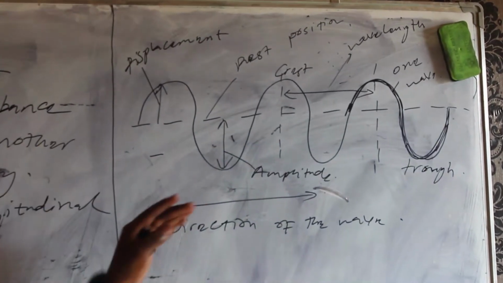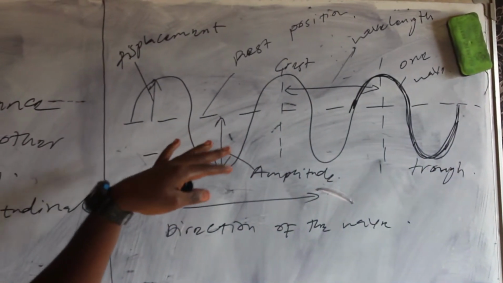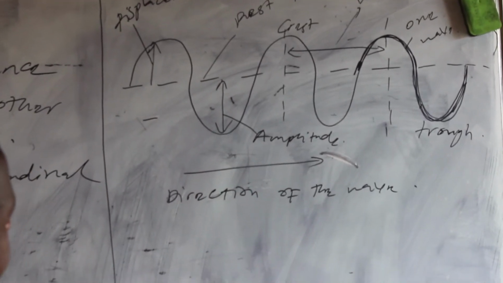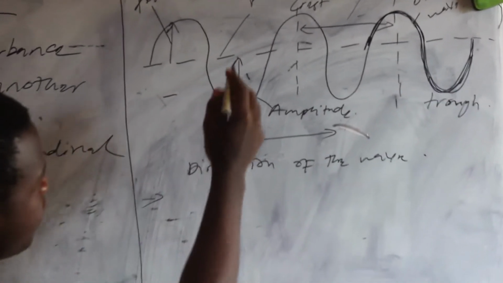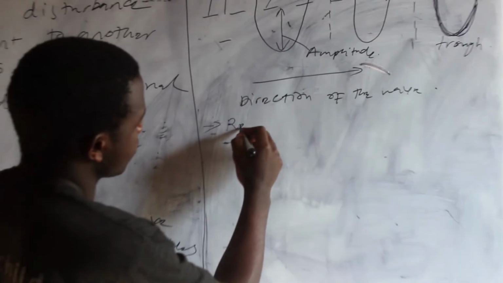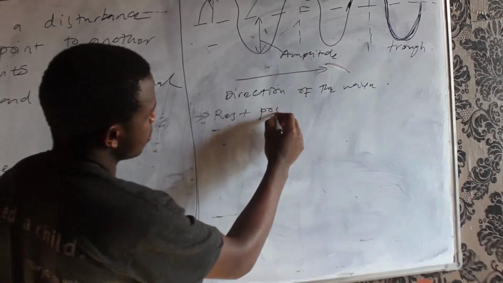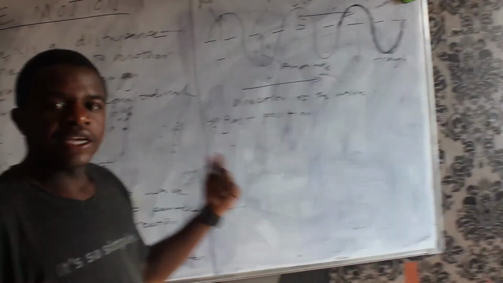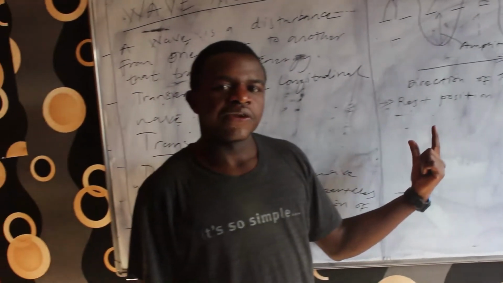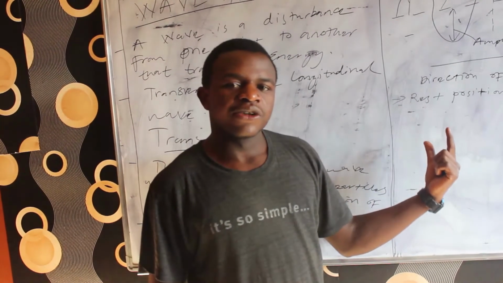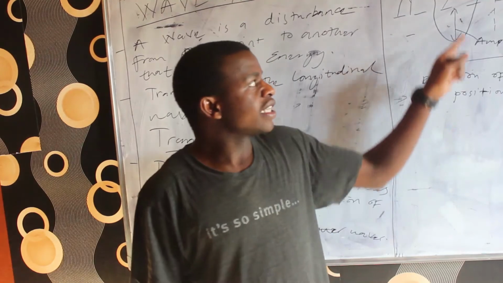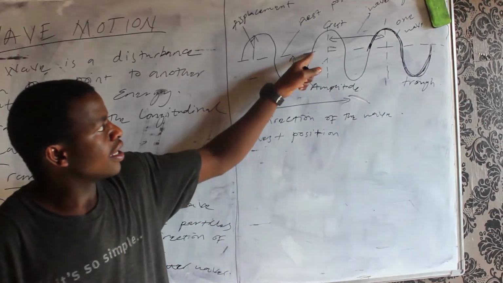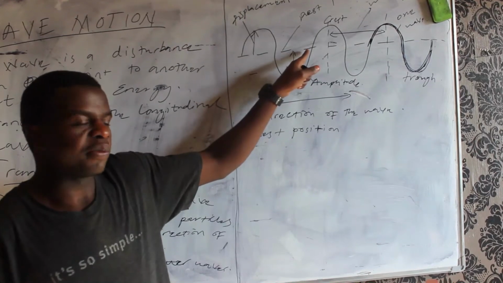So let us look at the definitions of the parts that form the transverse wave. So the first part, we have the rest position. The rest position is the region where there is no vibration of particles. So this line shows that the particles here don't vibrate.